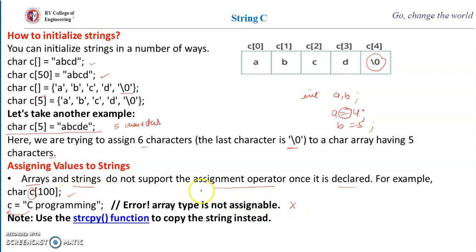Array and string don't support the assignment operator. So whenever we want to assign something to an array, we should use the strcpy, string copy function, to copy the string instead. We cannot use the assignment operator, but we can use the string copy function to copy the string to an array. This is a predefined function in C.